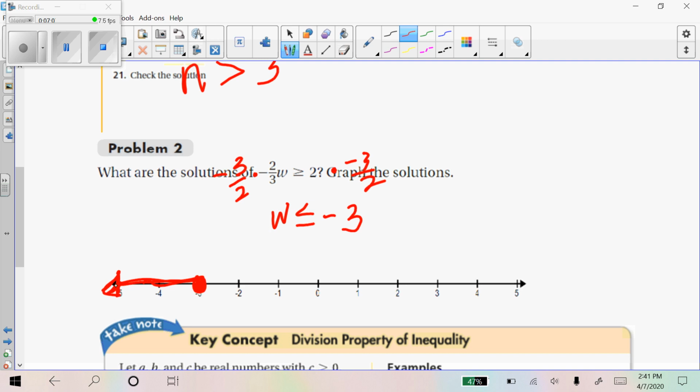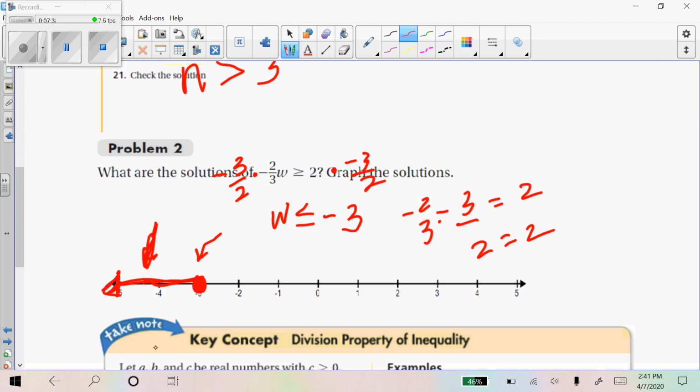Now, remember that you can check your answers by checking the boundary point first. So if I put -3 in where w is and multiply it by -2/3, I should equal 2 if I did this right. And -2/3 times -3 is equal to 2, so that checks out. And then you check one number that's somewhere in your solution.